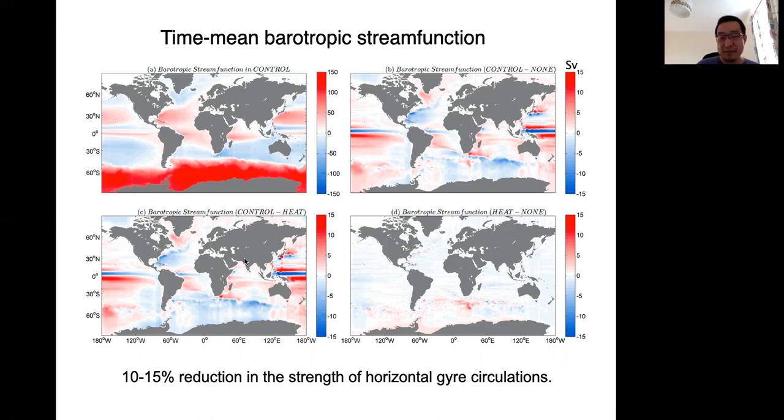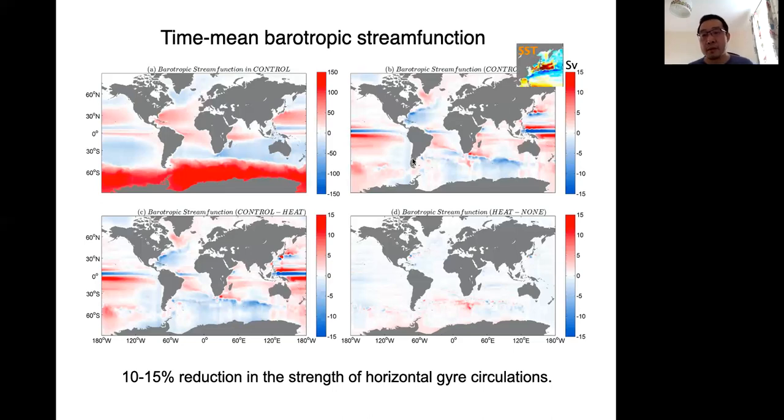That just means this difference is due to the relative wind stress effect, not because we include ocean surface current in the turbulent heat flux calculation. If we want to put a number on it, we find about a 10 to 15% reduction in the strength of horizontal gyre circulation due to the relative wind stress effect.